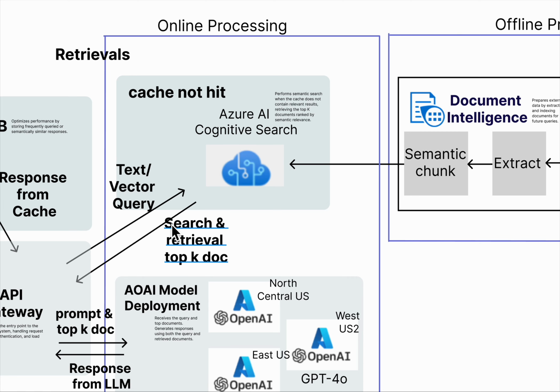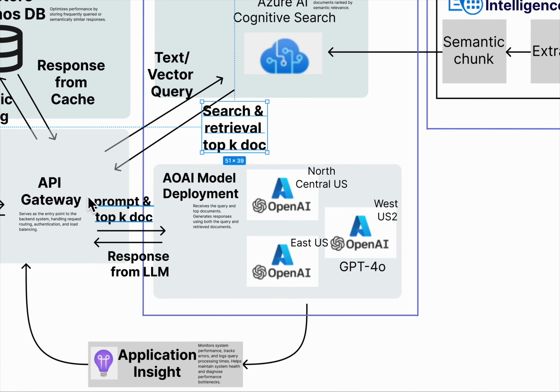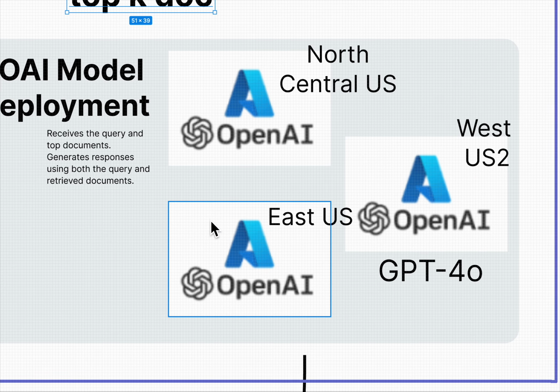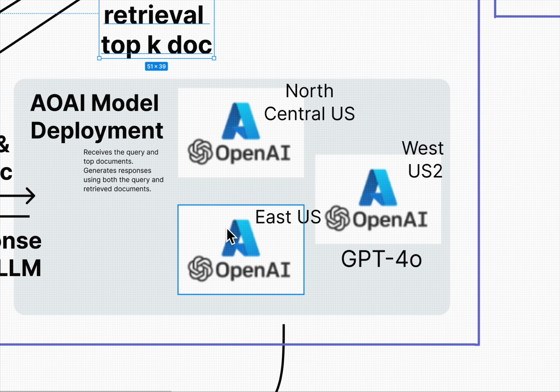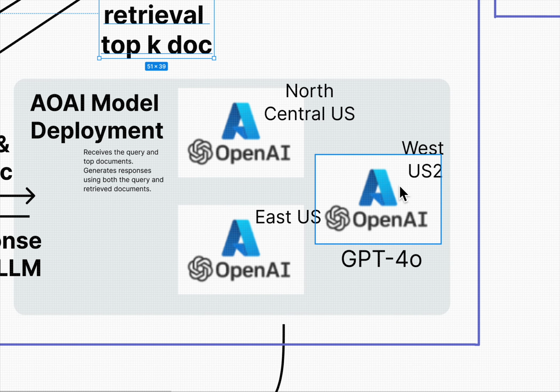After that, the retrieved documents are sent back to our API gateway and then directly to our Azure OpenAI service for large language model deployment. For example, we deployed GPT-4o as our model. The model we deploy is highly dependent on the region availability, such as West US or East US.